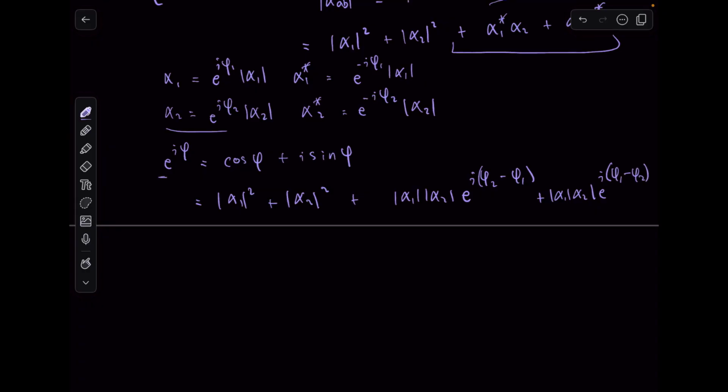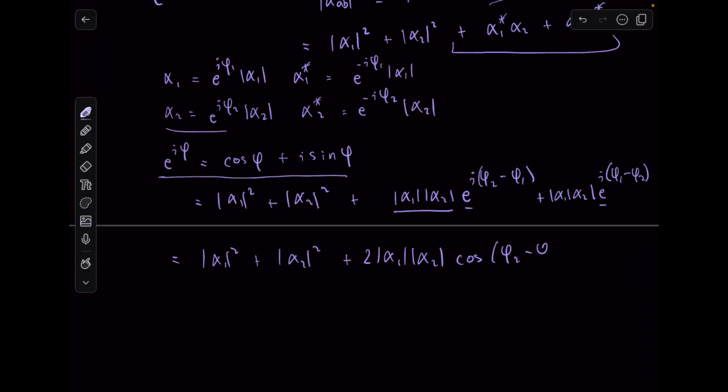And now if we use our formula here, we can factor this out and add these two phase factors and get a term that just has cosine of (phi 2 minus phi 1).